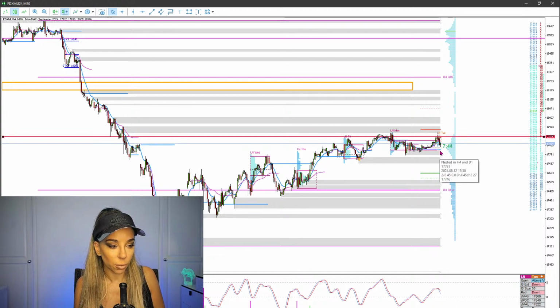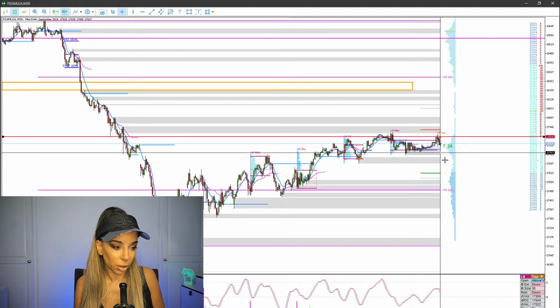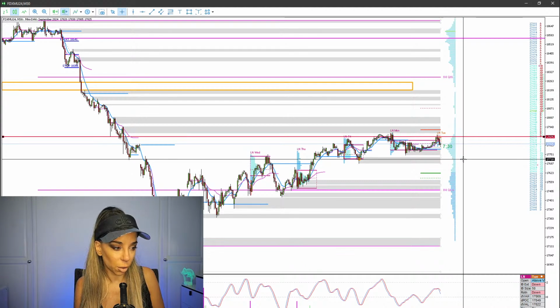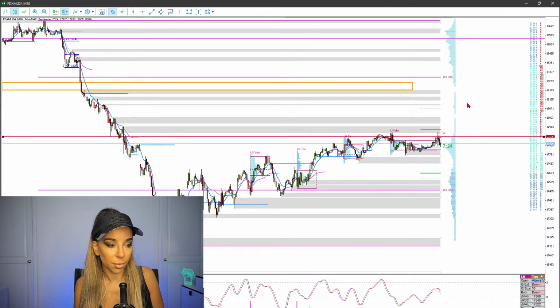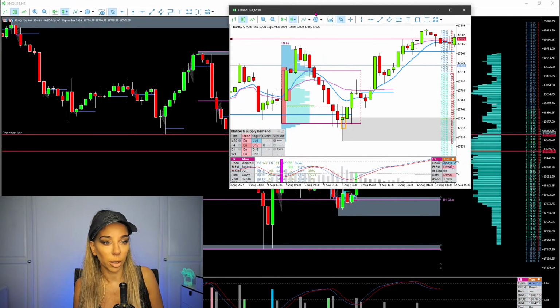Now, if we do start to fall down, there is the first area of target, I suppose, at 17779. If it continues to fall, we have some low volume areas lower down from 17718. So yeah, that is definitely a possibility. So I may have a short developing in DAX.